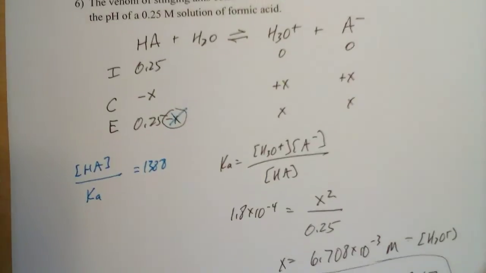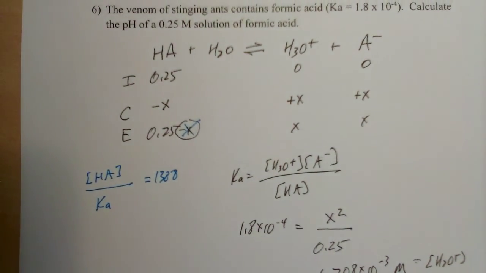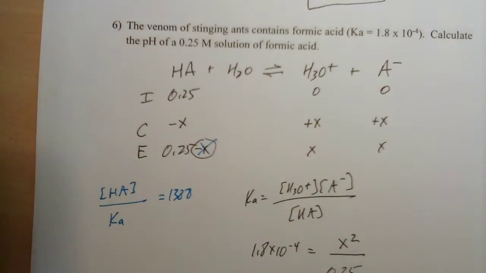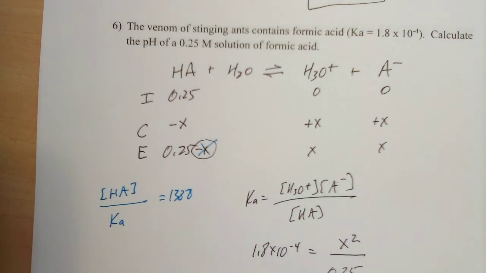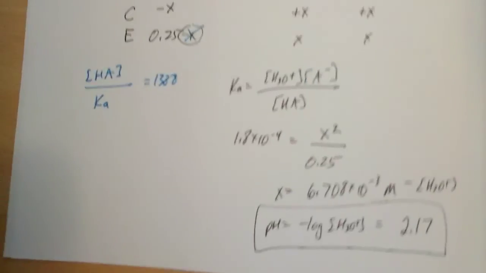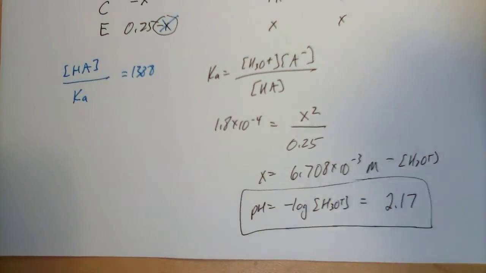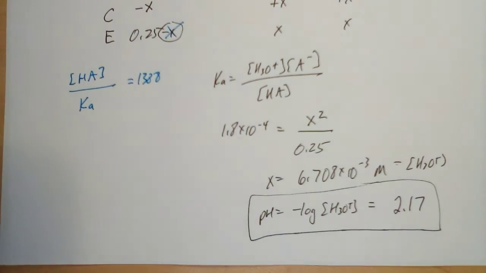So formic acid is a fairly strong, weak acid. Weird a little bit how the terminology works there, but 2.17, that's enough to cause some discomfort when those ants inject that into you when they bite you.